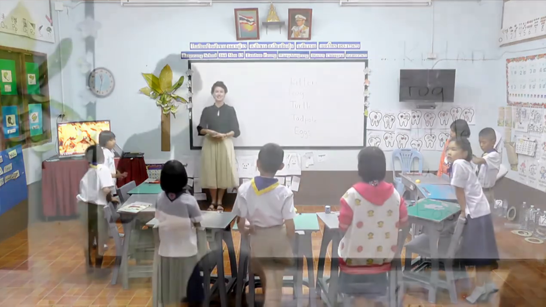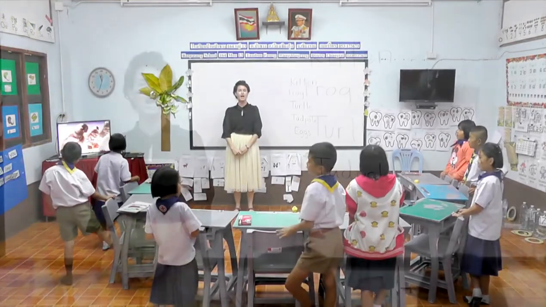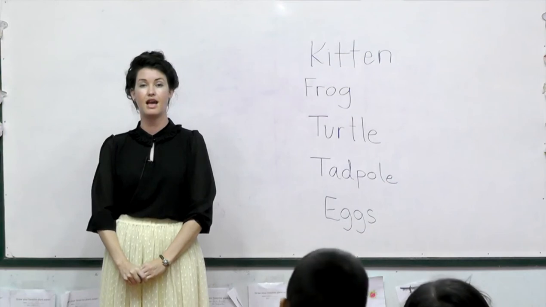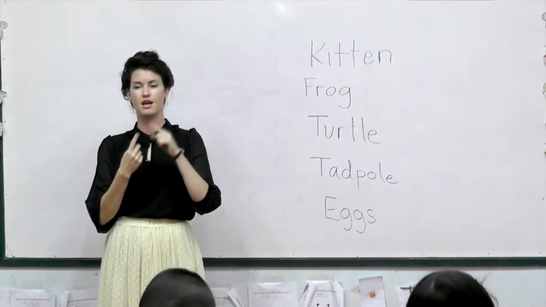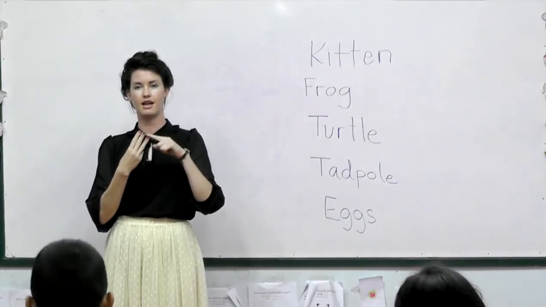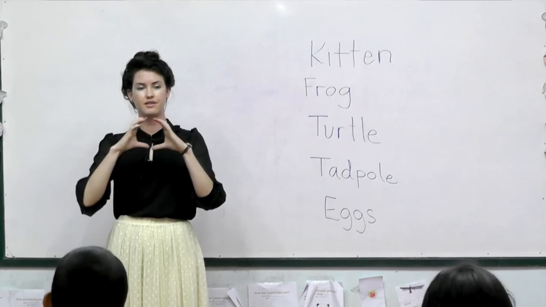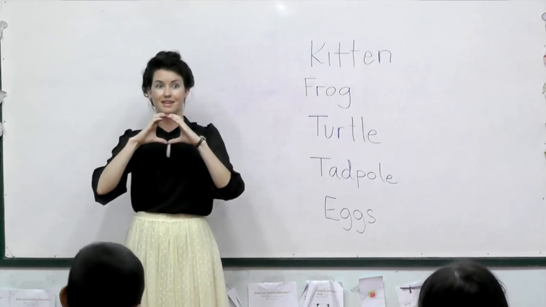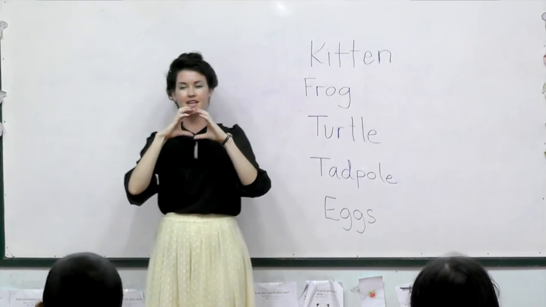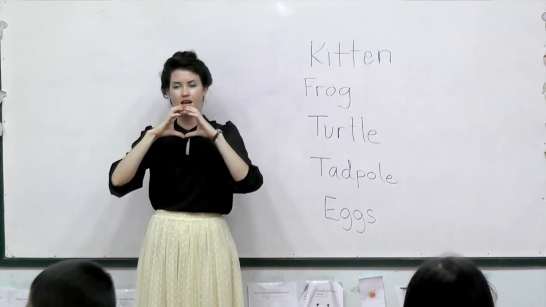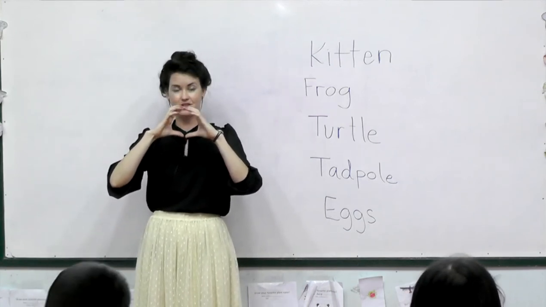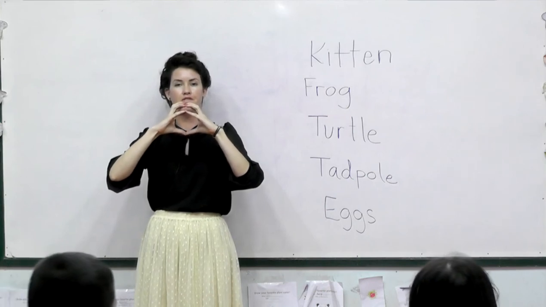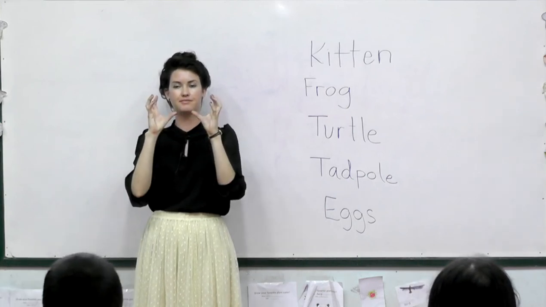Great job. Okay, how does a frog, a butterfly, and a chicken, how do they start? Yeah, all three start in an egg. And snakes and fish? Okay. What's the word for when the egg breaks open?